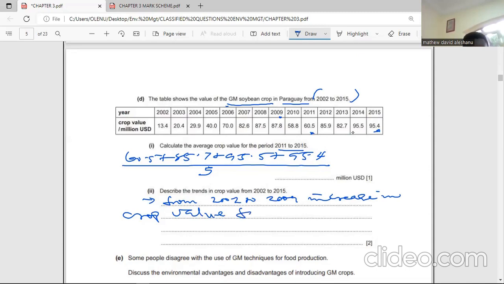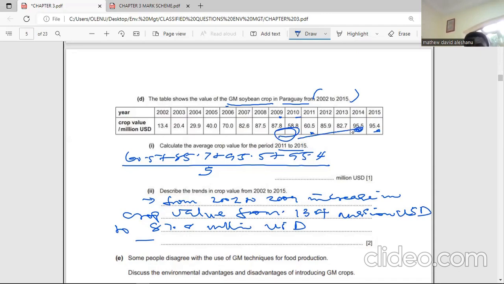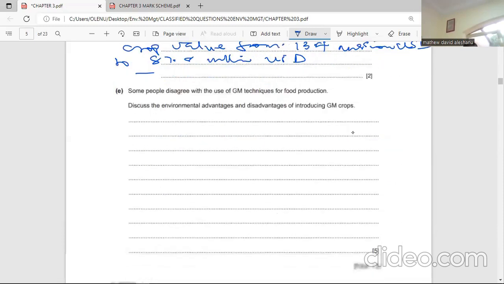You can now put data from 13.4 million USD. Always remember your unit, million USD, to 87.8 in 2009. Now you can bring in another point. From 2009 to 2010, there was a decrease, and from 2010 it increases again until 2014. Then from 2014 to this, there was a decrease. So you just need to write what you can see. It's as simple as that.